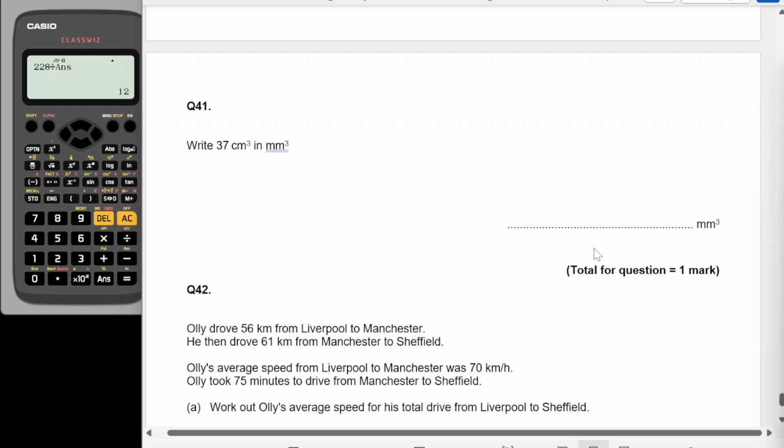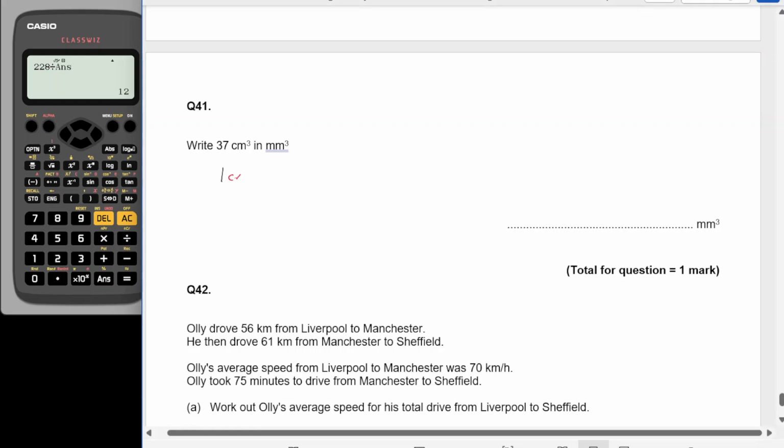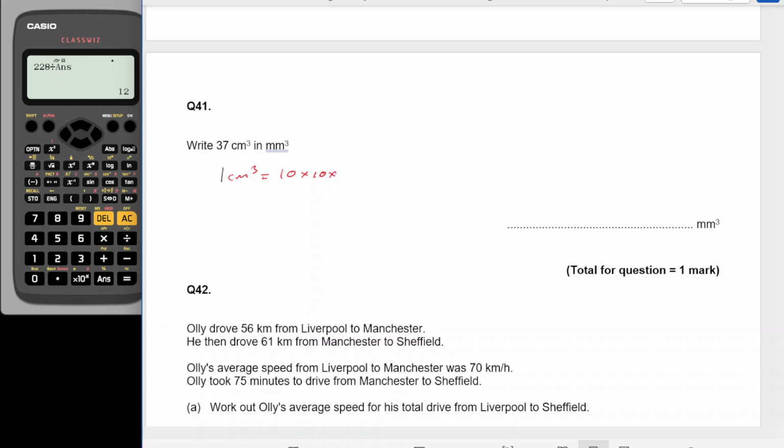Question 41, right, 37 centimeters cubed in millimeters cubed. Right, so I'm going to start like this. 1 centimeter cubed is going to actually be equal to 10 times 10 times 10 millimeters cubed. Because if we imagine 1 centimeter cubed is 1 by 1 by 1, and 1 centimeter is equal to 10 millimeters.